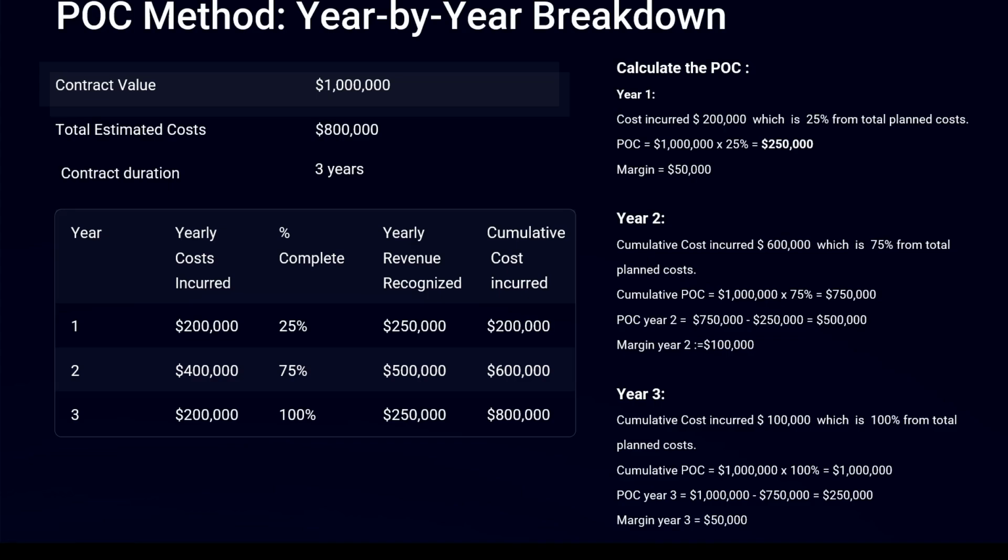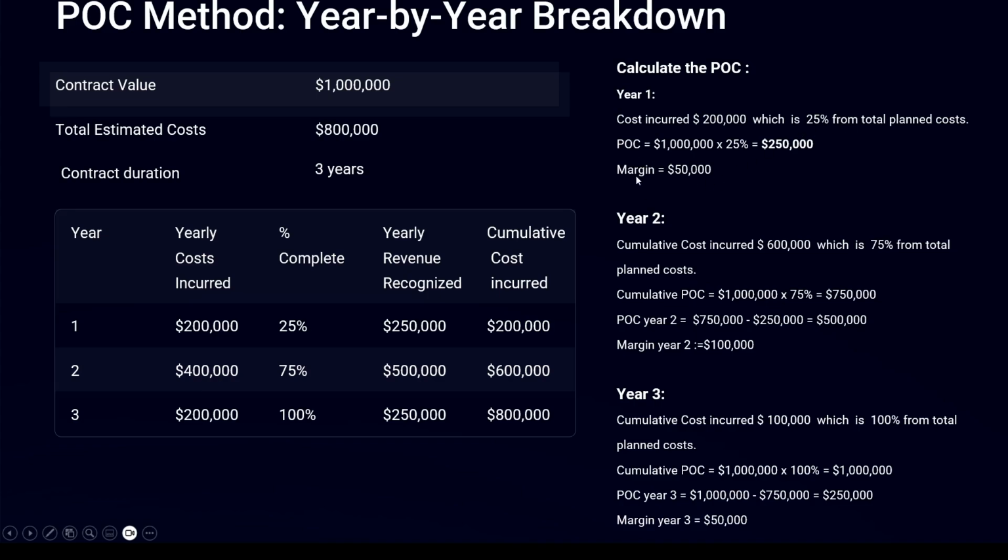Then in order to get the POC or revenue for this year 1, we multiply the contract value, which is 1 million, by 25%, and we get the revenue for the first year, which is $250,000.